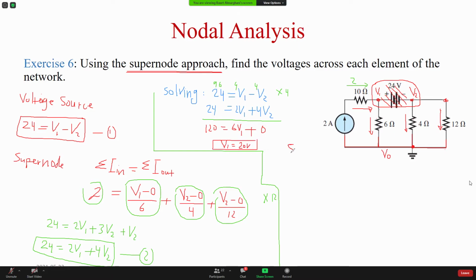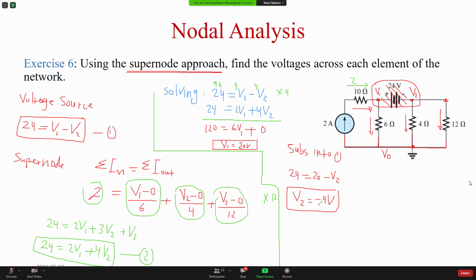If you substitute in one of the equations to find V2, I'm going to substitute into 1: 24 equals 20 minus V2. So from here, V2 goes to the other side, it's minus 4 volt. I found the two voltages here. Okay.